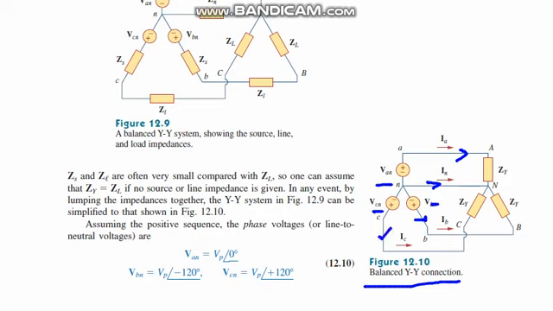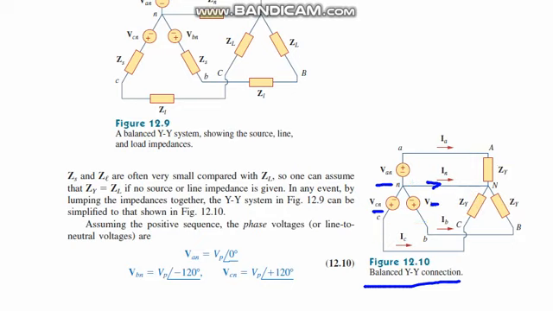Because the positive sign is here, the current will flow from this direction to that direction. After adding up every impedance, the ZY are equal, so that is known as a balanced YY connection, and currents will flow through it.